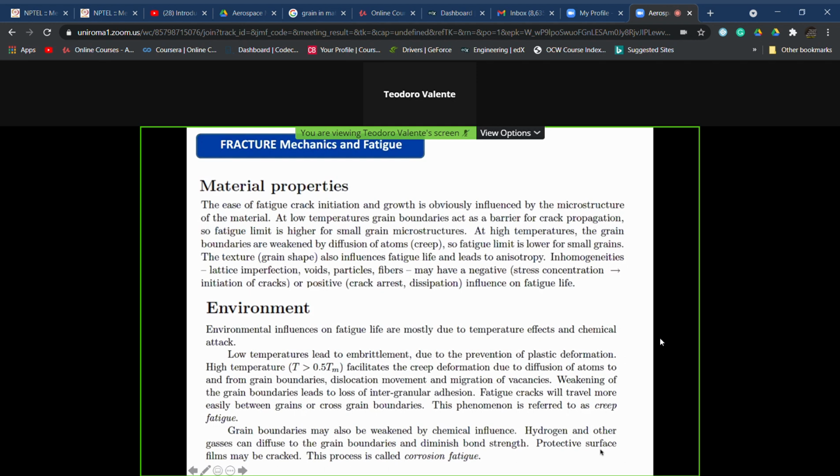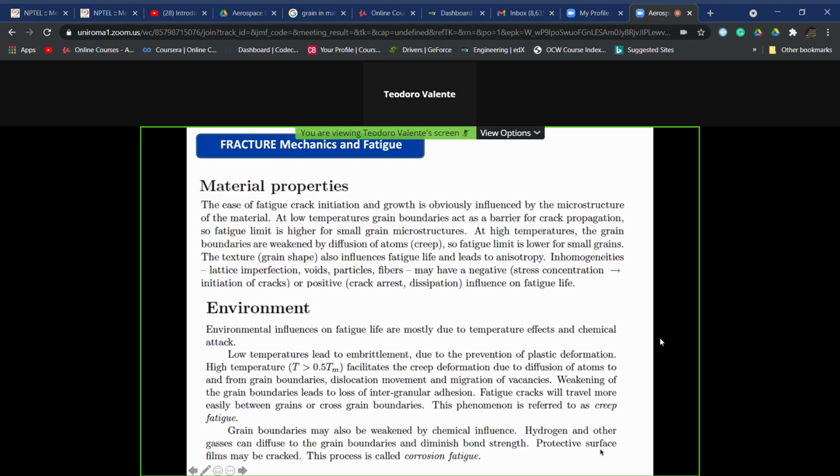Some experimental equations are available, but for specific materials. And the grain boundaries can also be weakened by environmental interaction, that is chemical influence. For example, just to give you an example, hydrogen or other gases can diffuse to the grain boundaries, and thus they could, this is the case with hydrogen, reduce the bond strength.